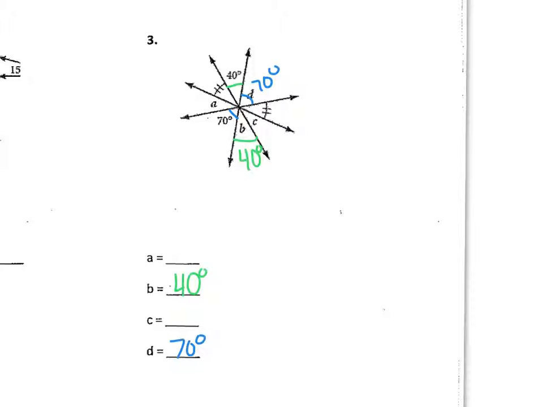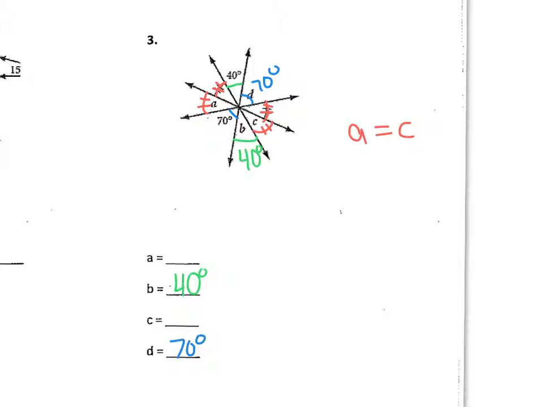Angle A is vertical with this angle here that has the two lines through it. And this angle also has two lines through it. So we know that those two angles are congruent. So basically, we know that A and C must be the same, whatever they are.